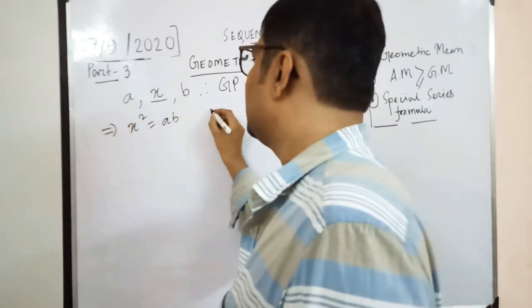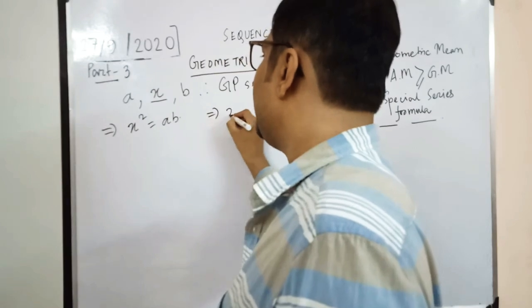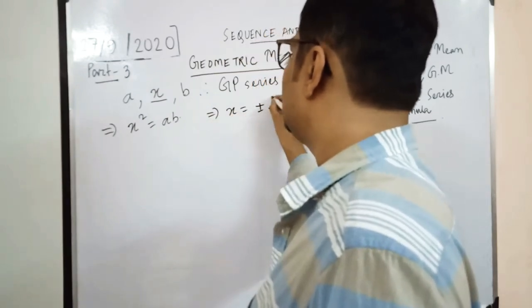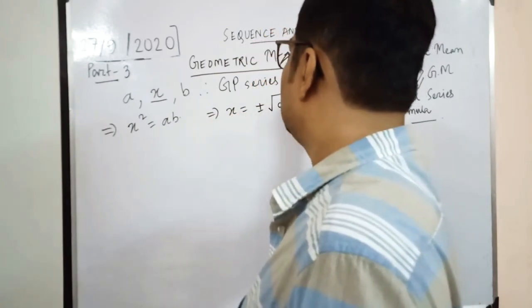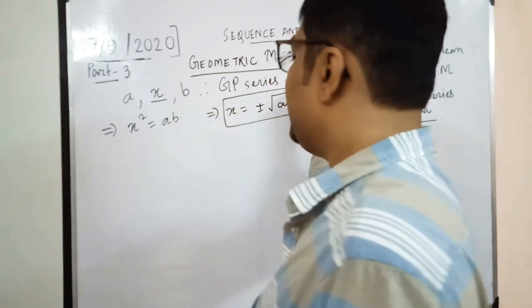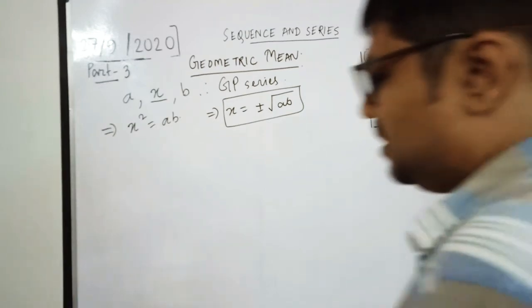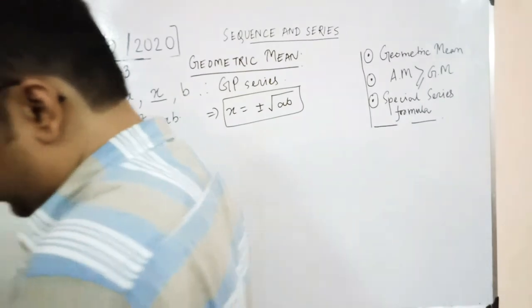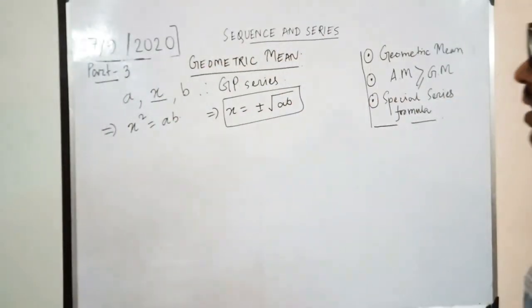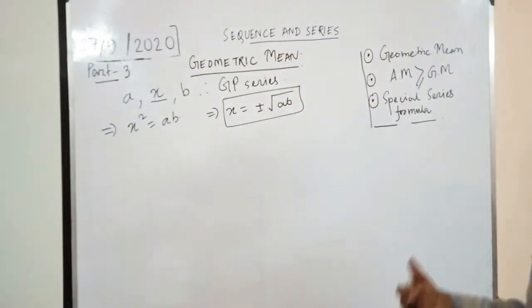Hence, if you deduce it, x will be equal to plus minus root over ab. Right. So x is equal to plus minus root over ab. That means x becomes the geometric mean. It can be plus, it can be minus as well.